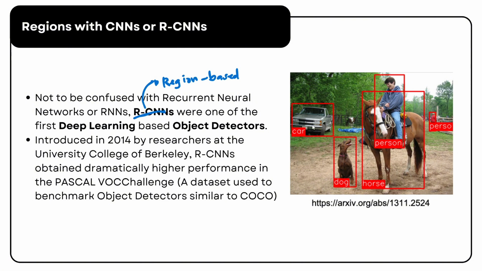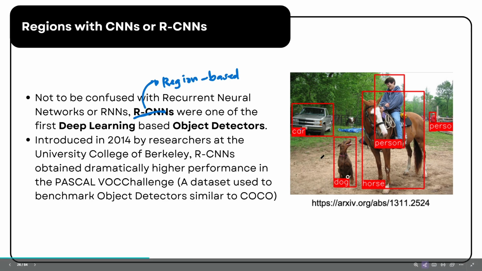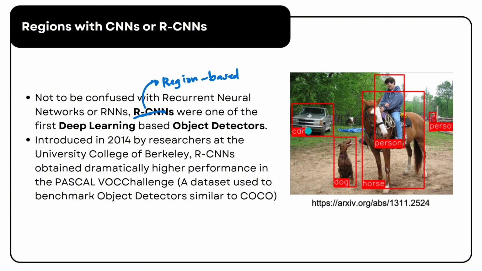So, here's how RCNN works in a simplified form. It uses a method like selective search to propose region candidates in the areas that may contain objects.